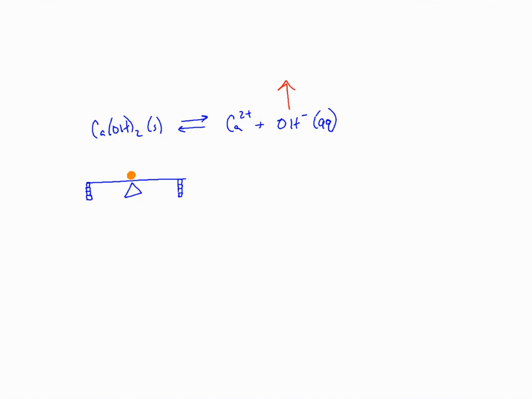If we were talking about it in terms of our teeter-totter, when the products are increased, that side tips up. Where does the basketball go? It rolls to the left. Both of these things tell us that in terms of Le Chatelier's principle, increasing the hydroxide will decrease the solubility of this particular salt.